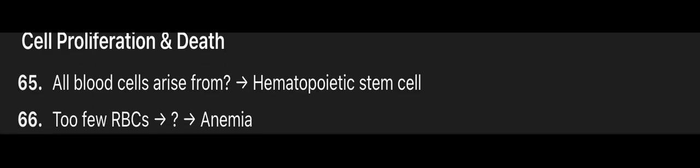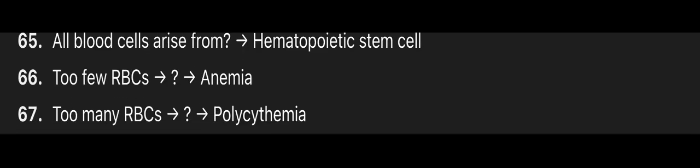Cell proliferation and death. What do all blood cells arise from? Hematopoietic stem cells. What is it called when there are too few red blood cells? Anemia. What is it called when there are too many red blood cells?